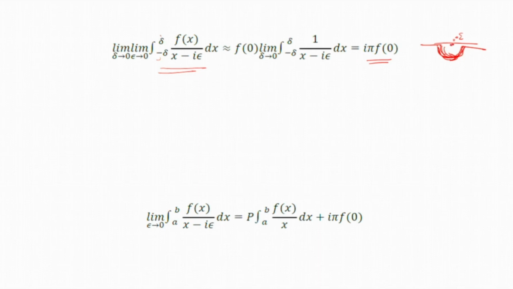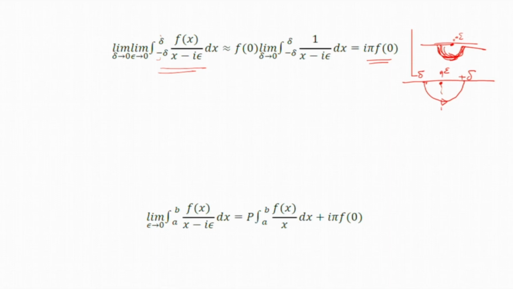It is quite straightforward. So, I am going to draw this again. This is the origin, this is my epsilon, this is minus delta and this is plus delta. I put a semicircle at the bottom.